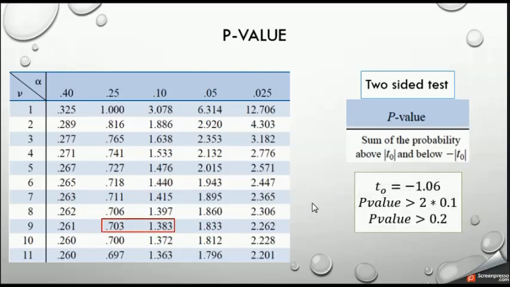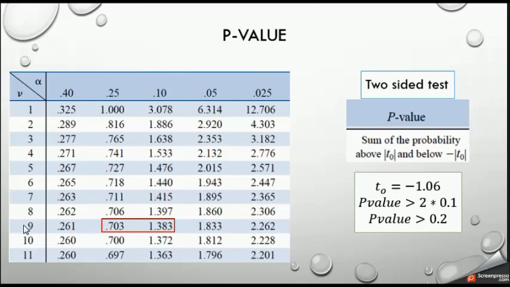So now we know that t0 is minus 1.06, but we know also the t distribution is symmetric, so we can use the positive side of the t distribution. So we look for the 1.06. We choose this row because we have the degree of freedom to be 9, which is 10 minus 1.